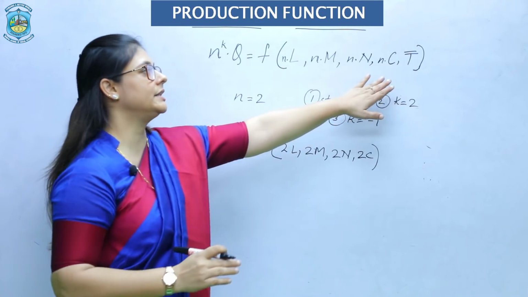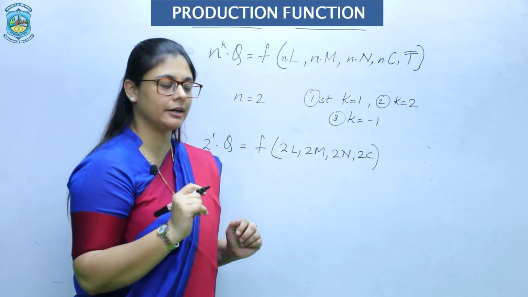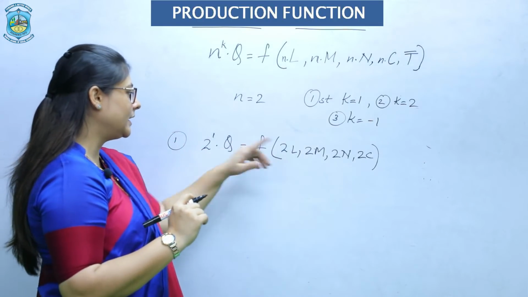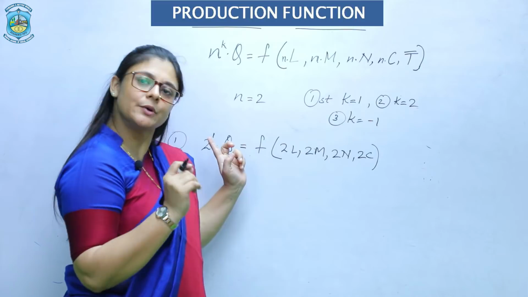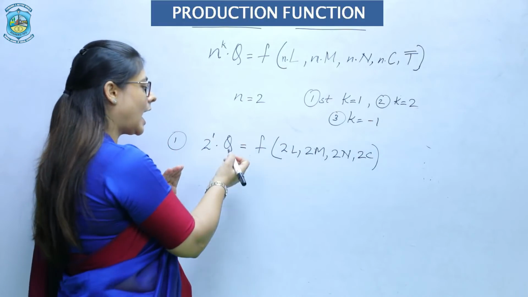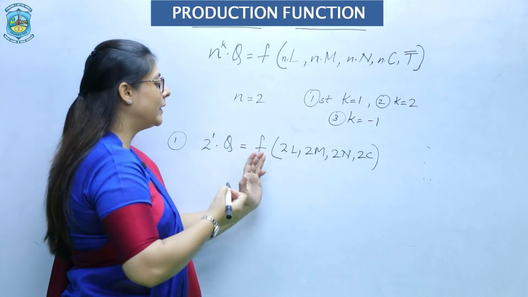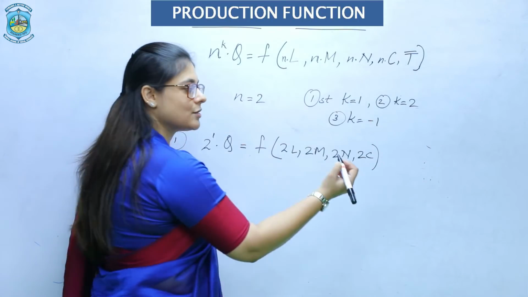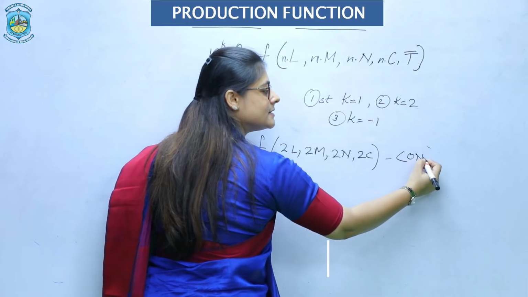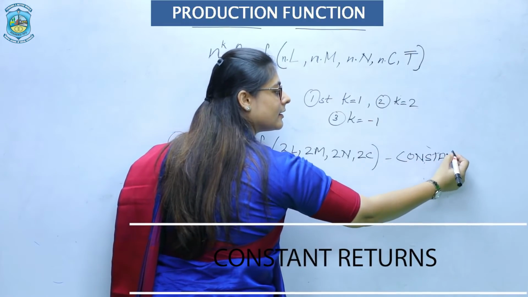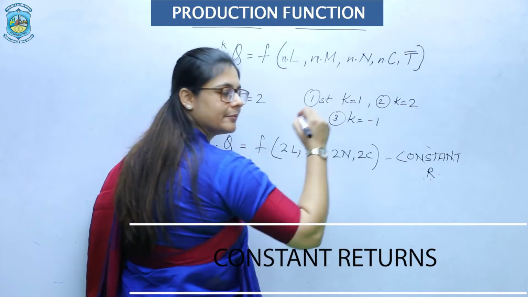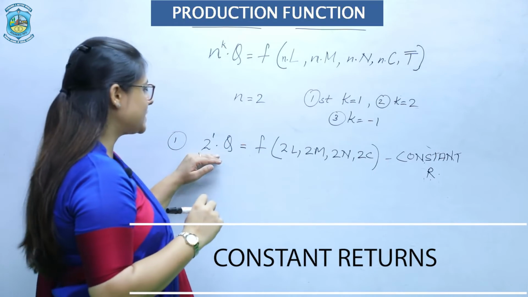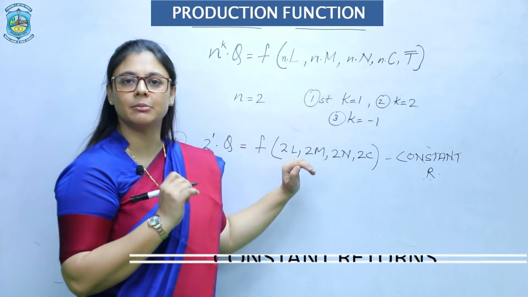We are leaving out the constant state of technology here. So, therefore, what can we conclude? 2 raised to the power of 1 is going to be 2. So, your output has doubled with doubling of all the inputs. This is a case of constant returns. 2 times output, 2 times inputs.